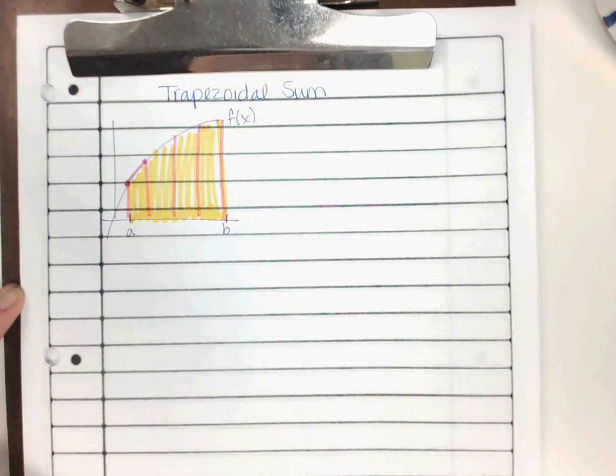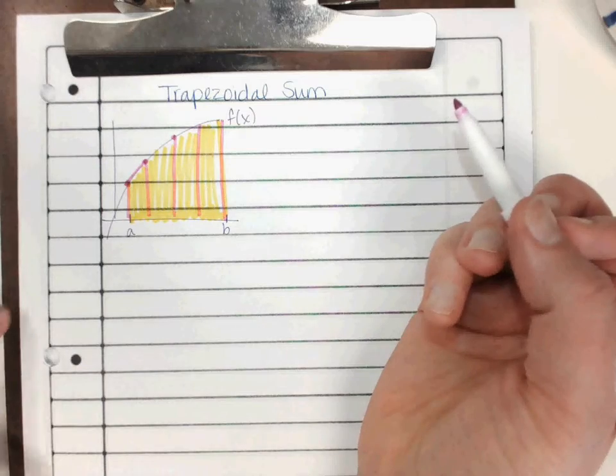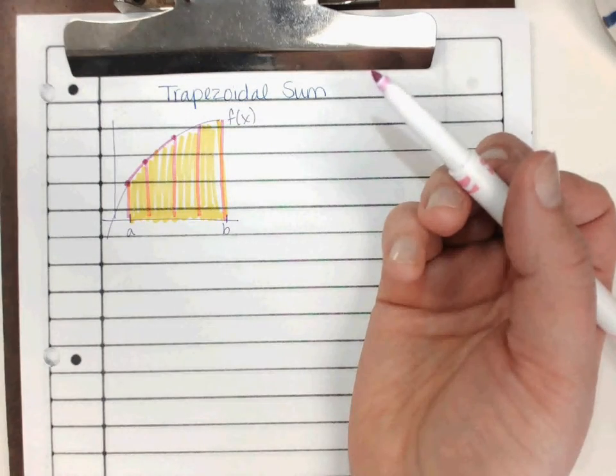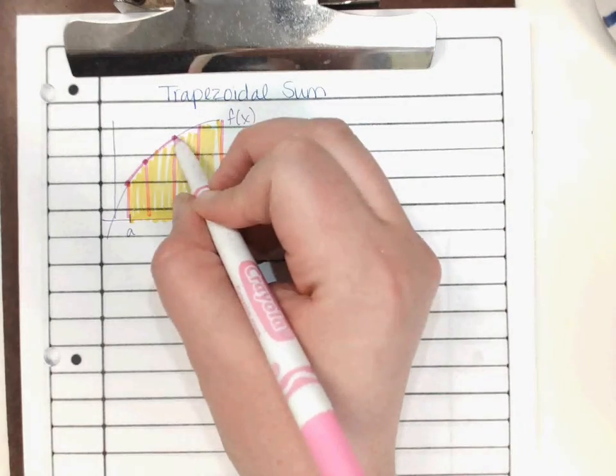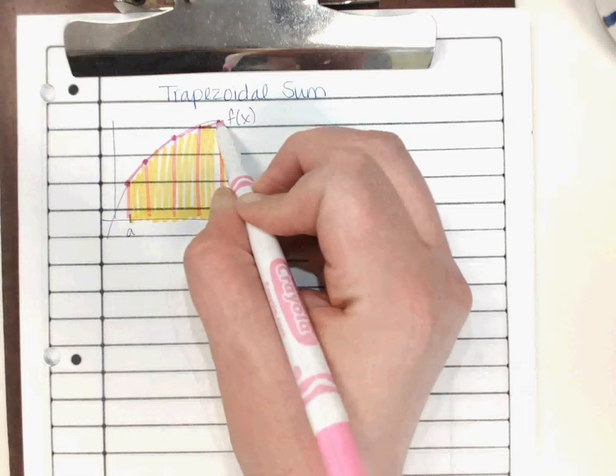That's already a shape. What shape is that? Trapezoid. Then we're going to take the next two dots. We're going to give that rectangle a slanty top. Boom, trapezoid. Then I'm going to connect these two with a slanty top. And these two with a slanty top.